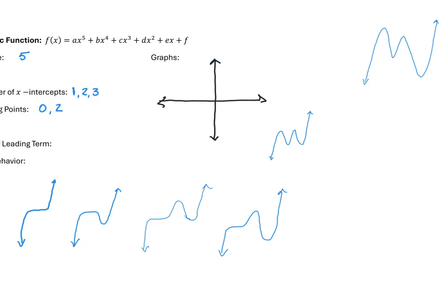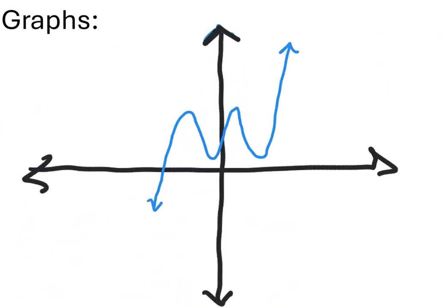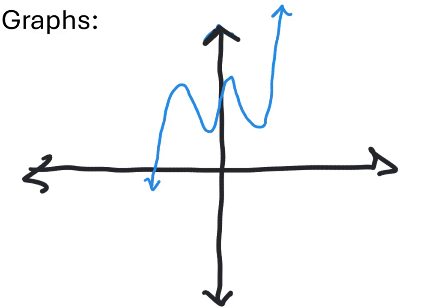All right, the next one I want to look at is this picture. All right, this is also a quintic. And so let's play around with this one and see what we can do with it. All right, if we started up at the top, we can have 1 x-intercept.